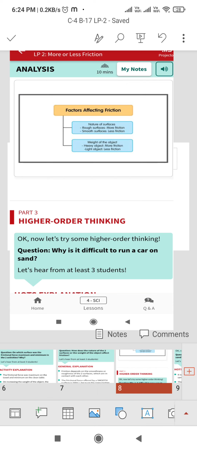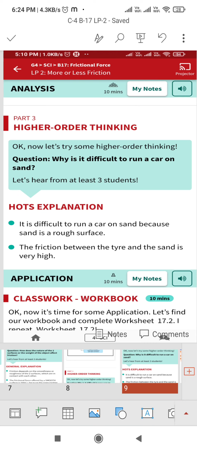Give me the answer to this question: why is it difficult to run a car on sand? The right answer is, it is difficult because sand is a rough surface, and in the rough case there is more friction. More friction does not allow the car to move in a proper way.